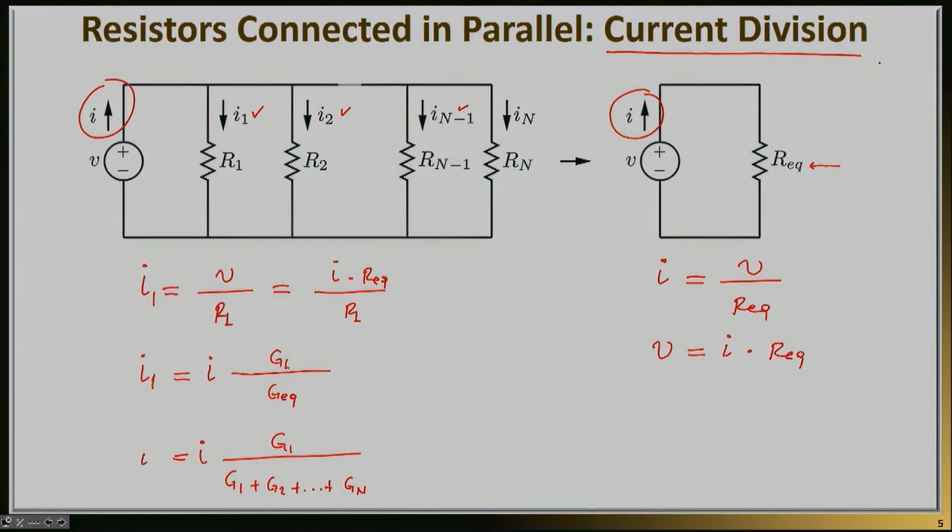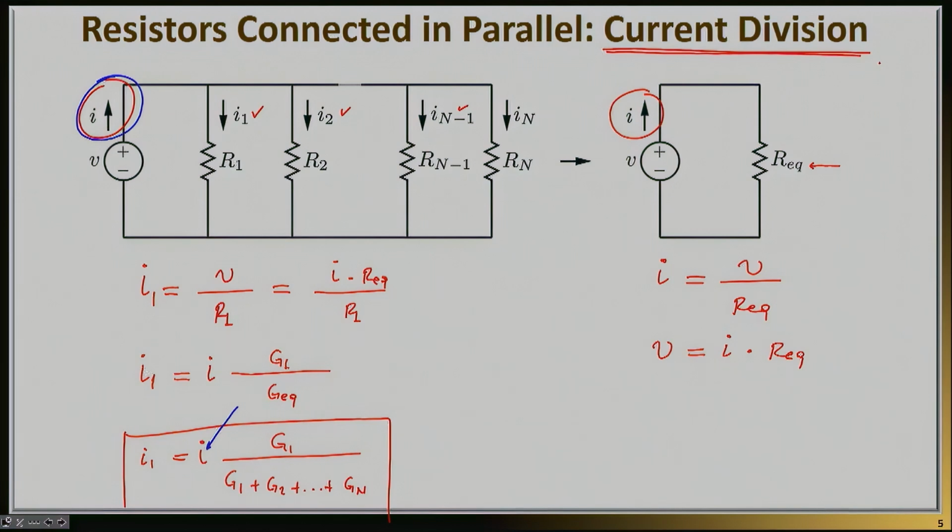And that expression here for the current that I derived for the first resistance, I1, is a very common expression, most often referred to as current division, which basically tells you that the total amount of current that you're drawing from the source, right here, will get distributed to the different resistances in the circuit proportionally to their conductances.